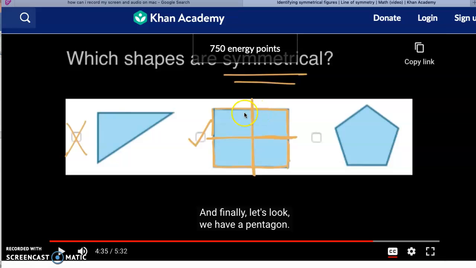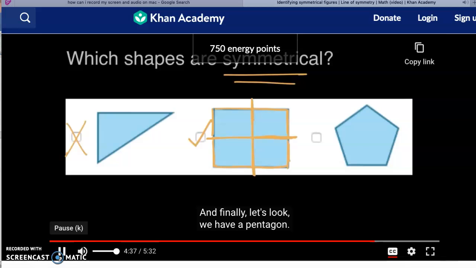So our rectangle, if you were to fold it along this middle line, would fit evenly and would reflect evenly. And if you were to fold it along this horizontal line, it would also fold equally. So it is important to know that a shape can have more than one line of symmetry.